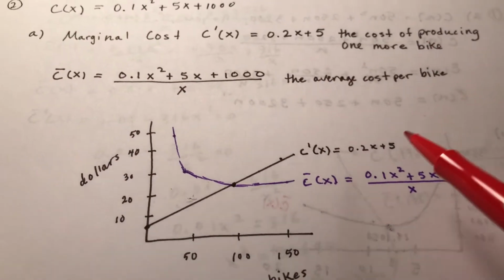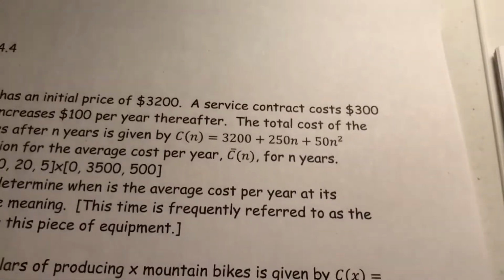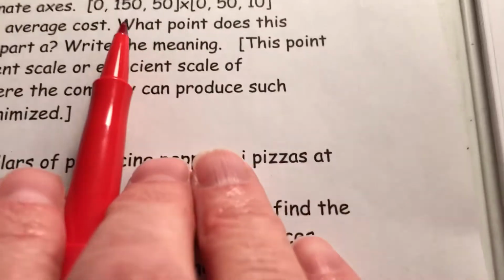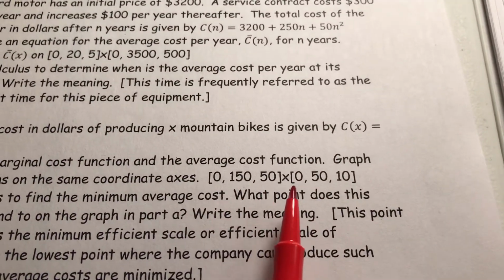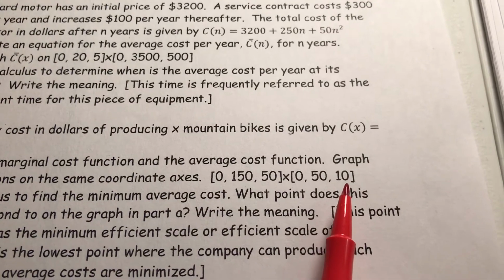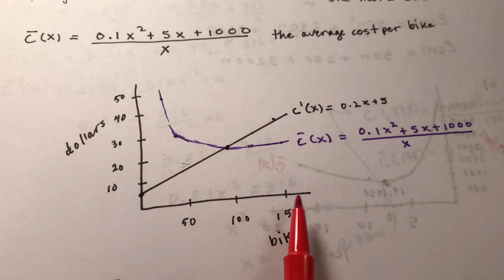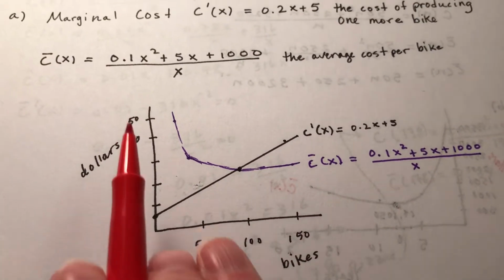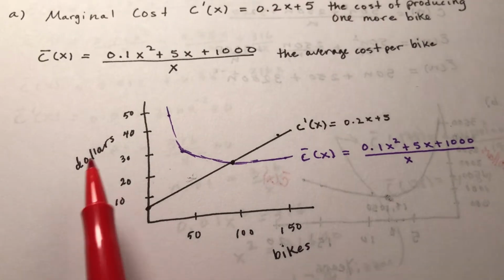Now what we're going to do is graph these. The window is 0 to 150 by 50, 0 to 50 by 10, and we're graphing both of these. This is bikes, this is dollars.